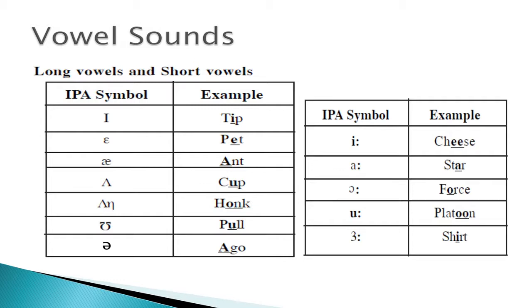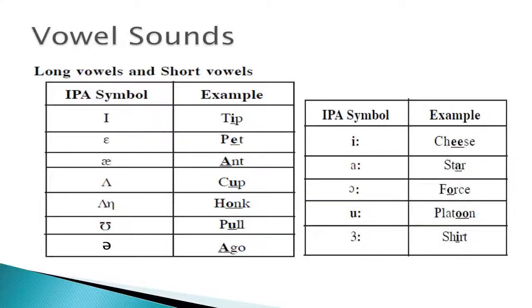The IPA symbol for a short vowel sound for E is E as in tip, A as in pet, A as in ant, act, actor, right? It's a very interesting symbol, as you can see, slightly a combination of A and E. Right, let's go over it again.